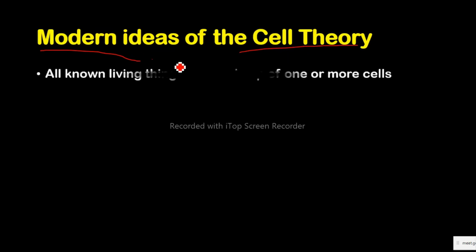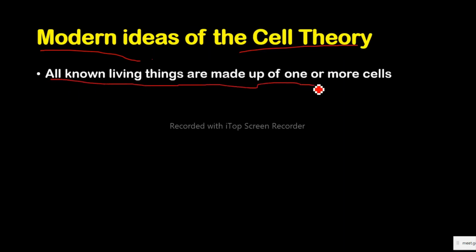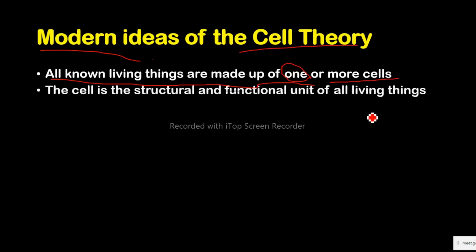Now, one, all living organisms are made up of cells. It's either one cell or more than one cell, many cells. And this one was postulated by Schwann and his friend.